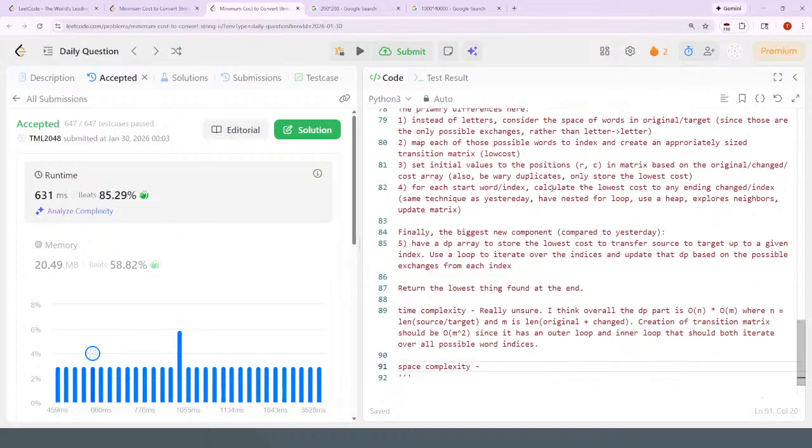Yeah, this is O of m squared to store the transition matrix, and O of n to store the dp.